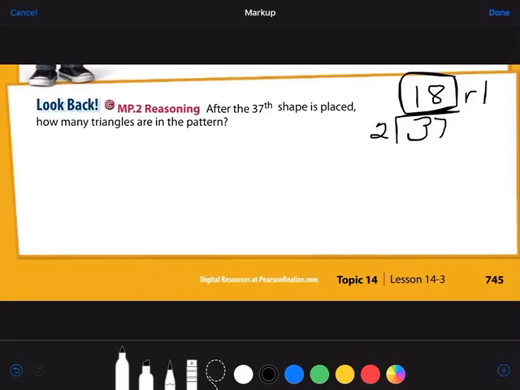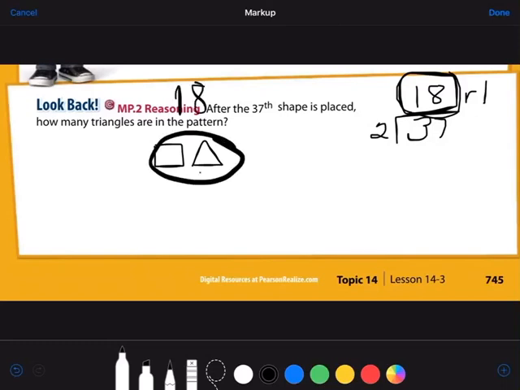So if I have 18 groups of the pattern, so I have 18 sets of square triangle, 18 sets like that, how many triangles are there? Well, there are 18 in that set of 18 patterns. But remember, we have 1 more left over.